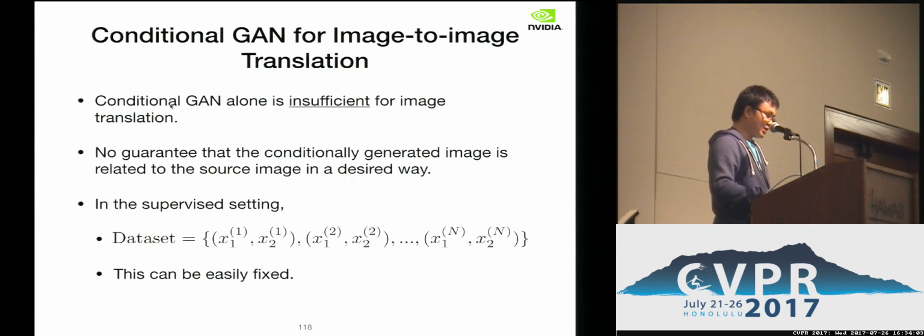By running conditional GAN alone, there's no guarantee that the image is translated to a corresponding image in a desired way. And so, in order to add an additional constraint to get what you desire, you need to do something.